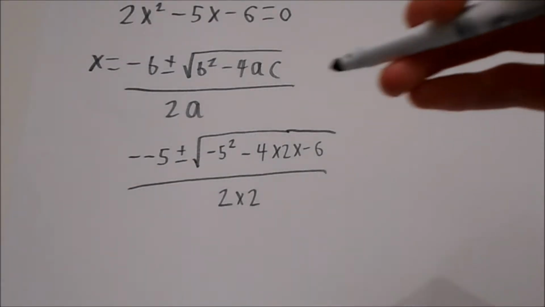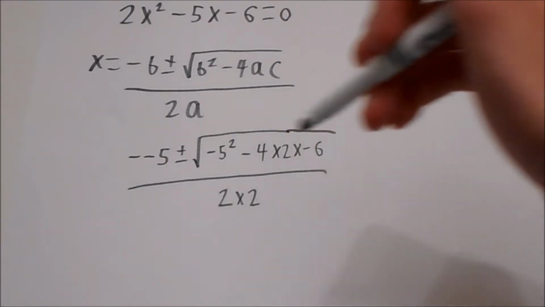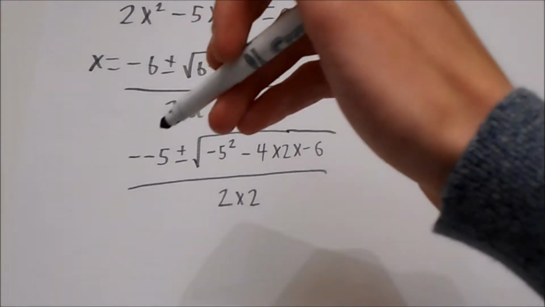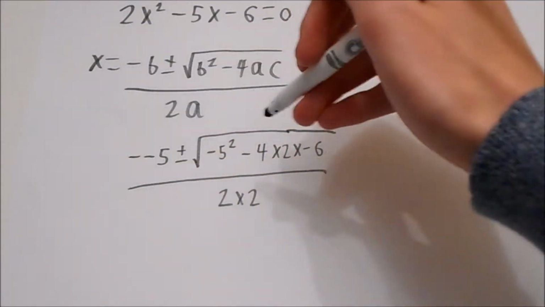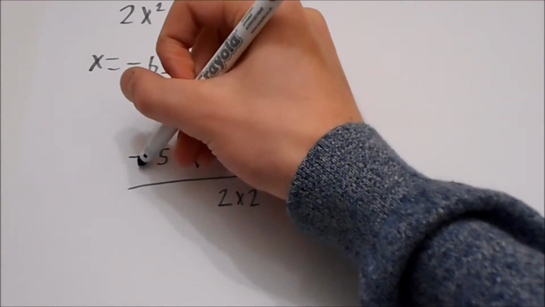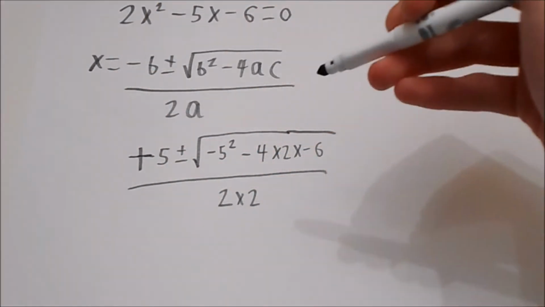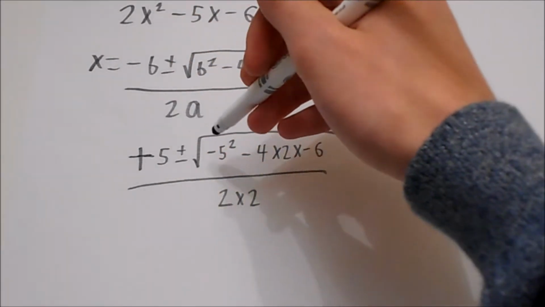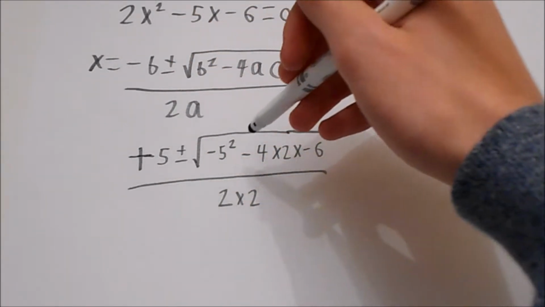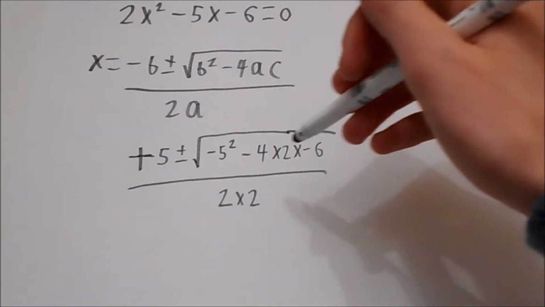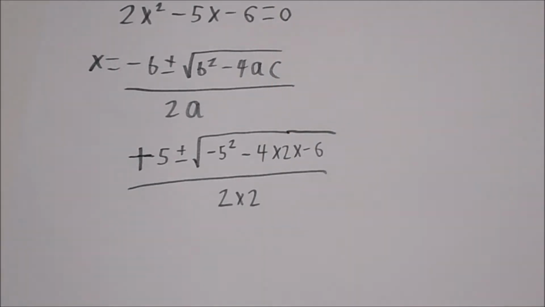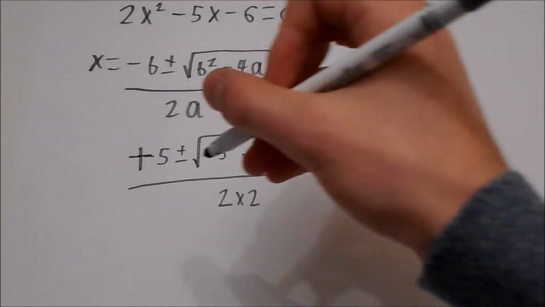So here you can see I've put all of the numbers into the formula. So we have minus minus 5, so 2 minuses, that's a plus, that's just 5. Plus or minus the square root of 5 squared minus 4 times 2 times minus 6, divided by 2 times 2. So we can simplify this a bit.